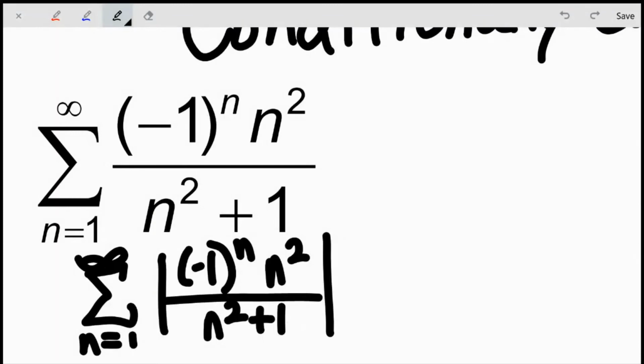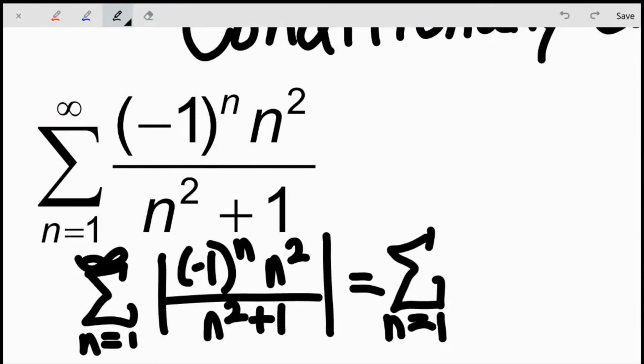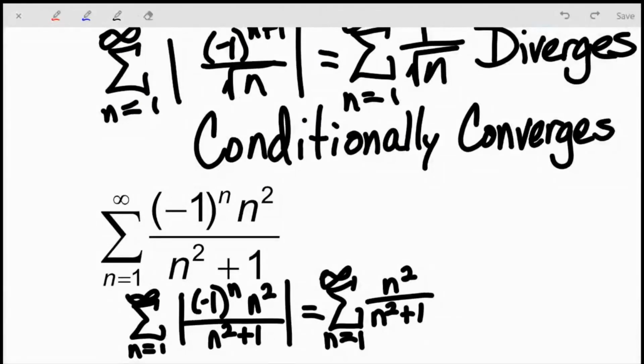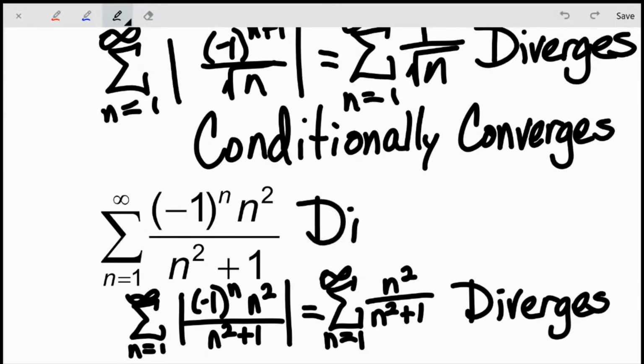You can see that that is still in a form where it's going to diverge, because by the nth term test, I can see that it's got divergence. So the terms are not approaching zero. So for this one, it diverges in every form. It diverges in its alternating form, and it diverges in the absolute form. So we would say this one is just divergent or diverges absolutely.